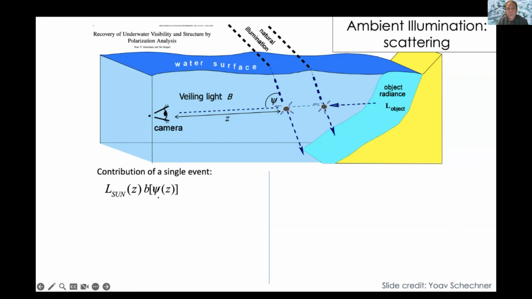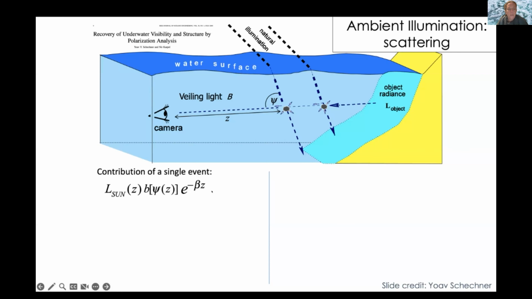So how much percentage of the light is scattered into this specific angle that falls into the pixel we are looking at. And this is also attenuated, because if the light was scattered here, it still needs to pass all this way to the camera. So this is also exponentially attenuated.